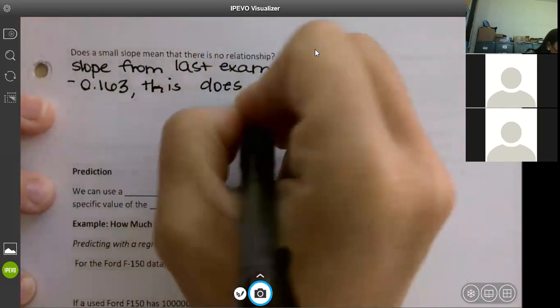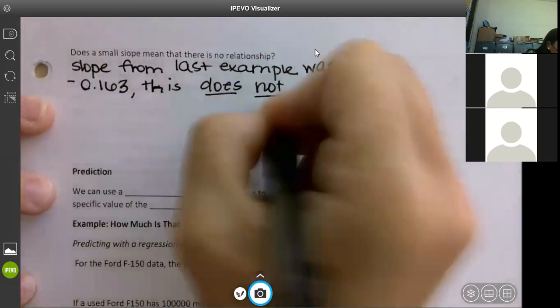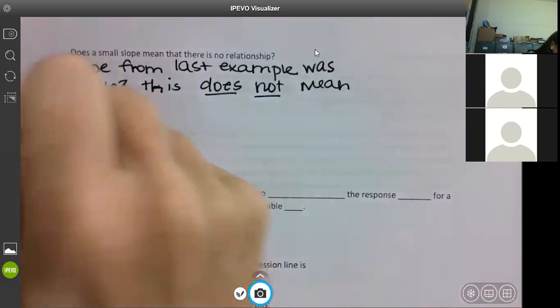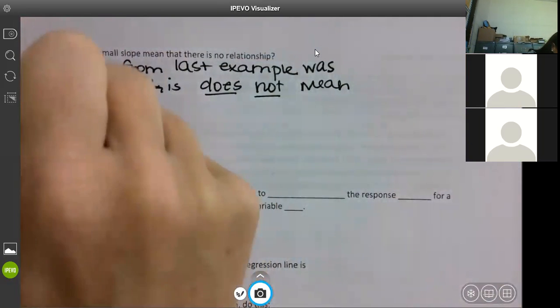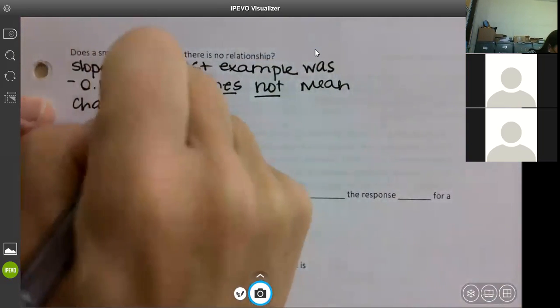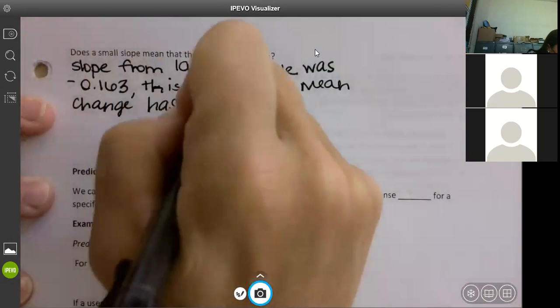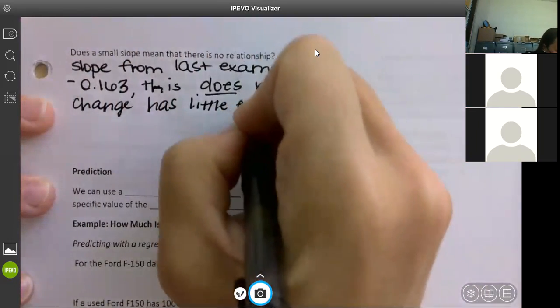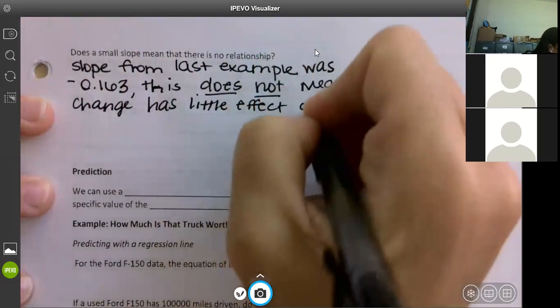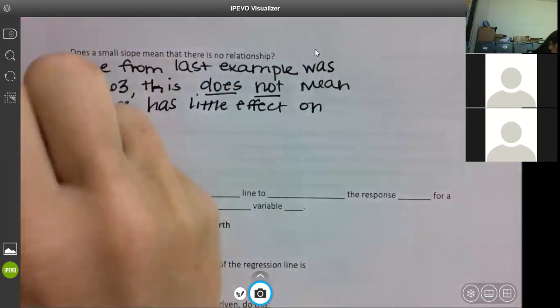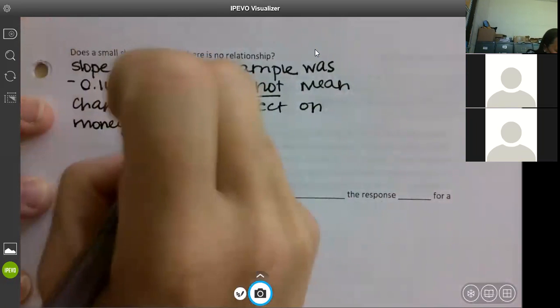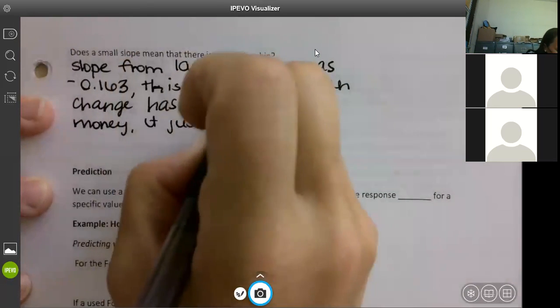This does not mean change has little effect on money. It just depends on the units.